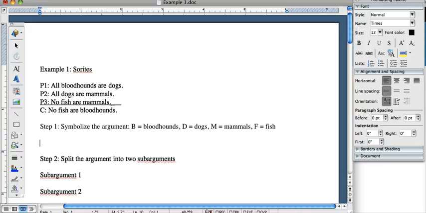So we're just not going to worry about that. And we're not trying to identify the mood or the figure of the argument, so we don't need to worry about it. I mean, you don't need to have those letters in order to identify the mood and figure. It just makes it easier.